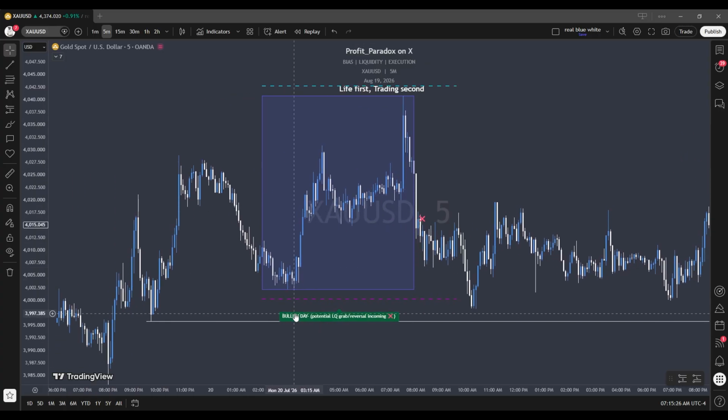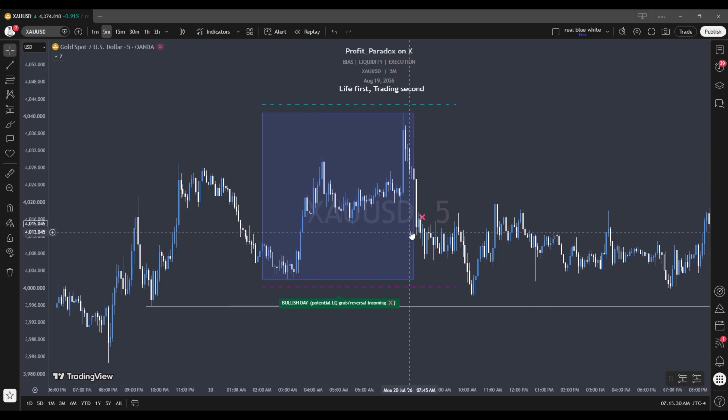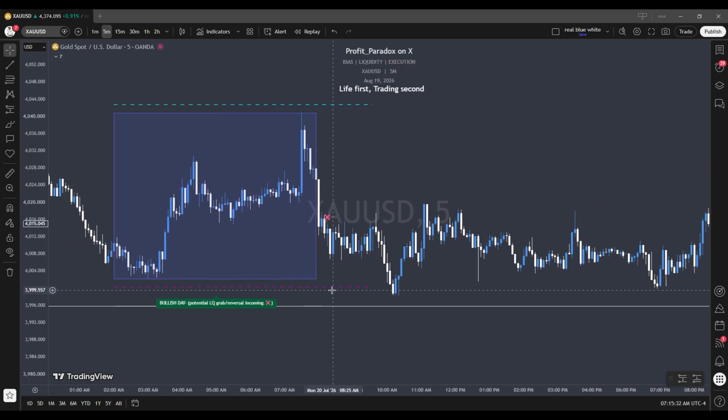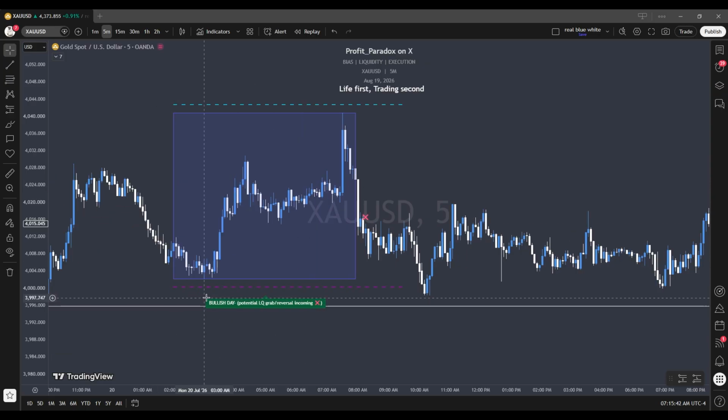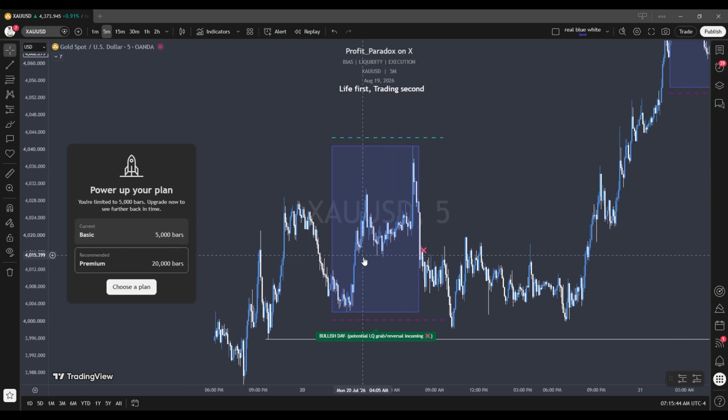So on this day it was a bullish day, right? A potential, but it was a bullish day. And as you know, it confirmed it at the close of the last candle in the range. So at 8 AM EST, the range printed a bullish day, so you should start looking for buys.